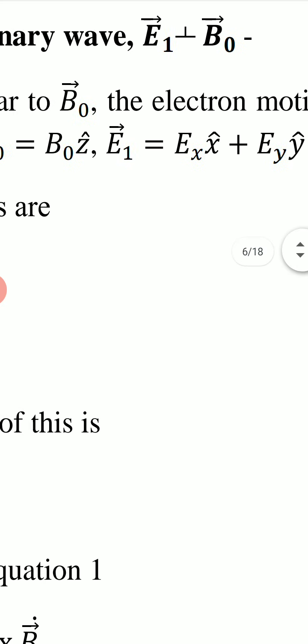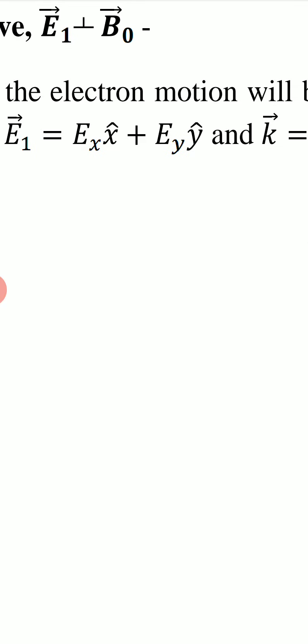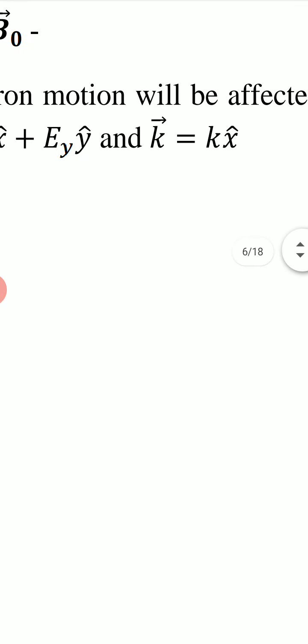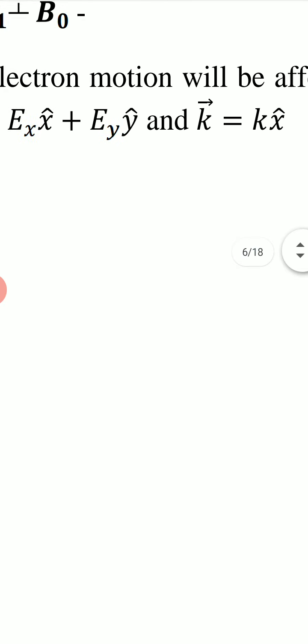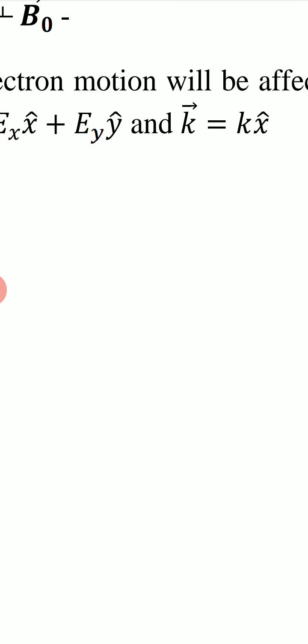So we write the E1 vector as Ex x cap plus Ey y cap, and the k vector is k x cap. The k vector is assumed along the direction of the x axis.